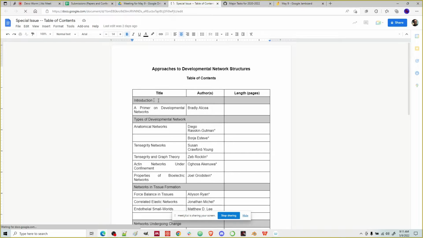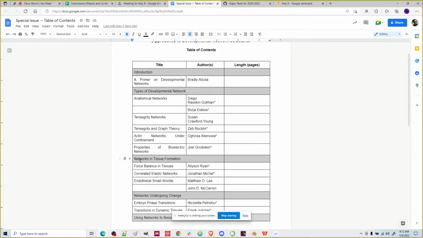The idea is we have an introduction, then types of developmental network, a bunch of different types of developmental network papers that would profile this. And again, these are just names that I've put in here as proposing some content so we can see what it looks like.